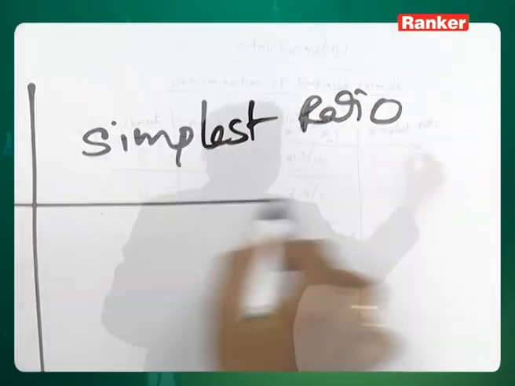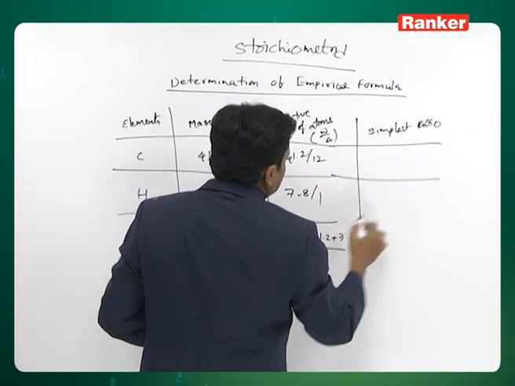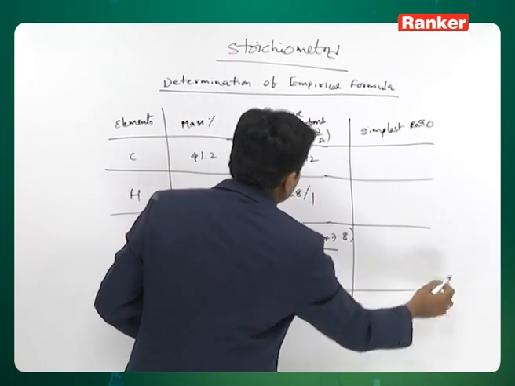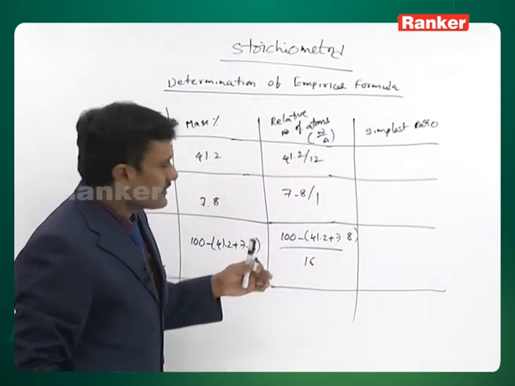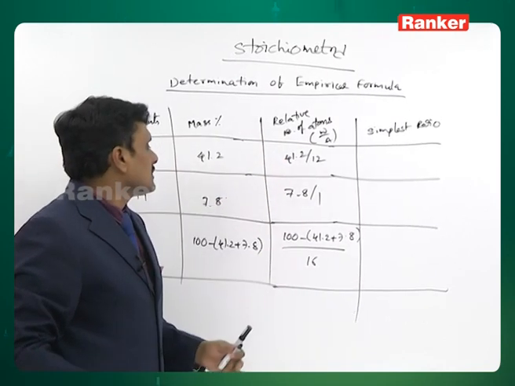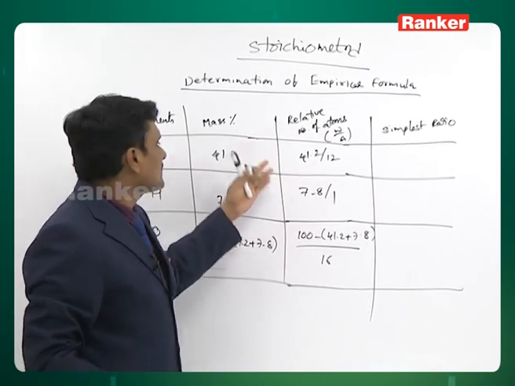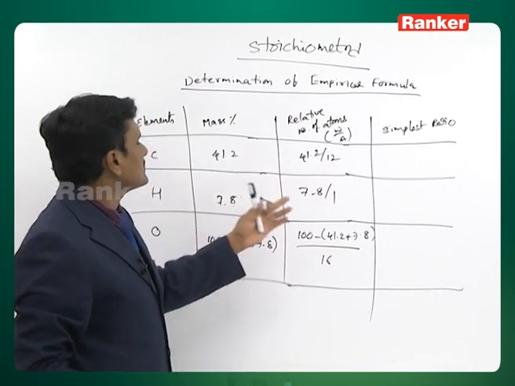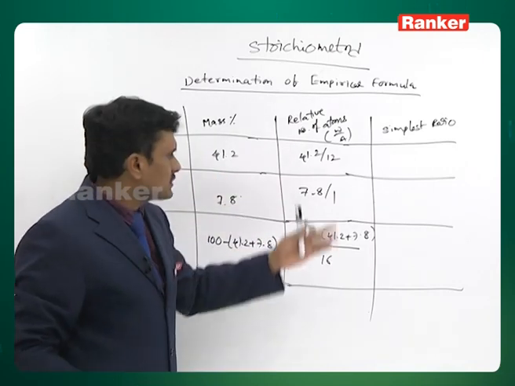I mean, you have to take the lowest value among the first three and divide the values by the lowest value. So here when you do that, whatever turns out to be lowest, you have to divide by that.